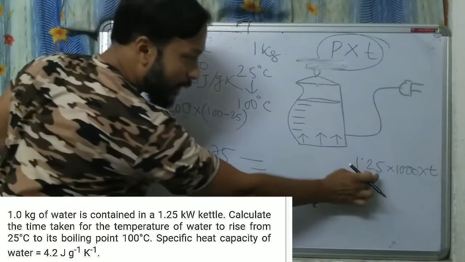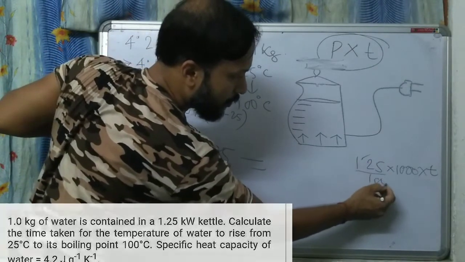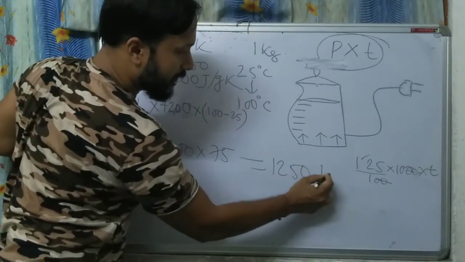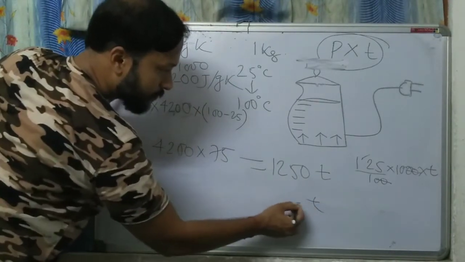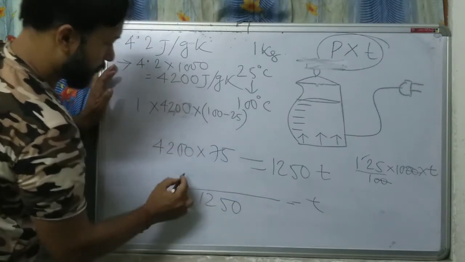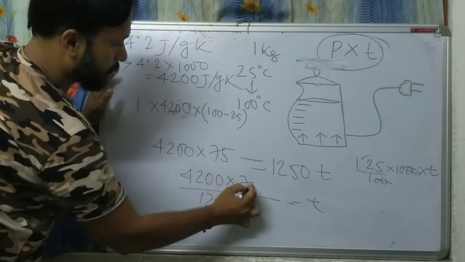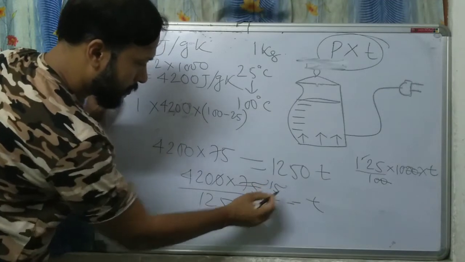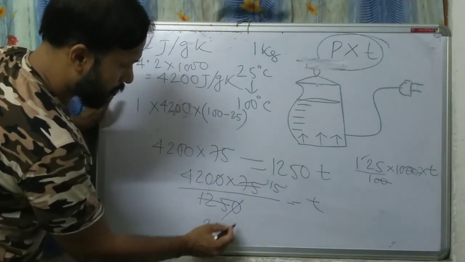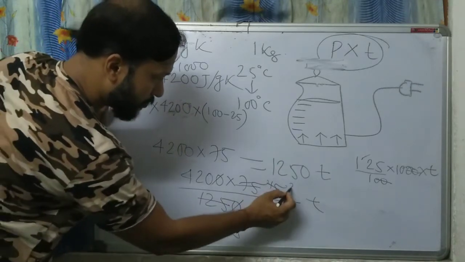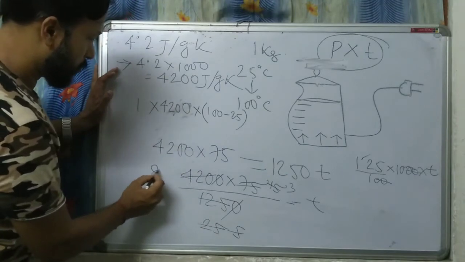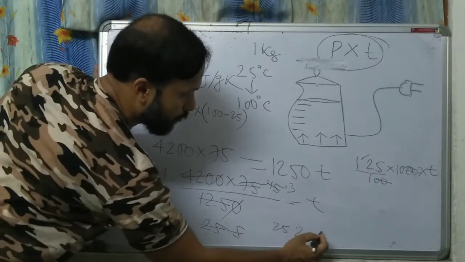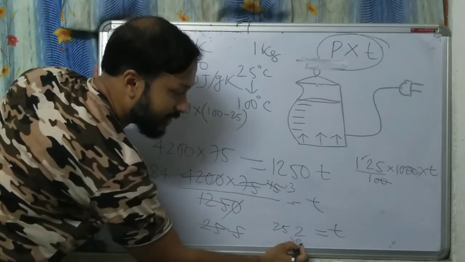If you cancel the zeros, we get 1250 T. Now T equals, 0 cancelled by 5, 5 fives, 3 fives, 84 into 3, 252 seconds.